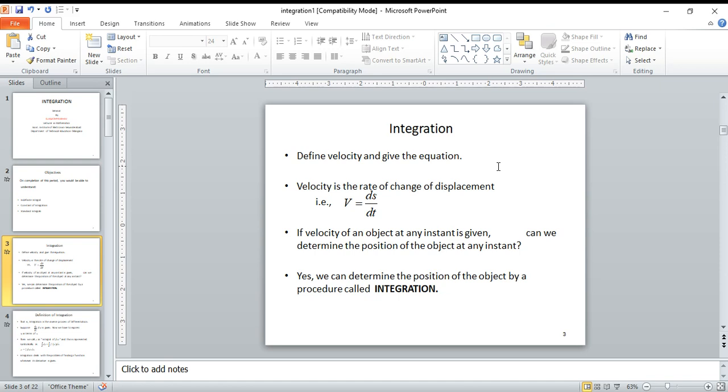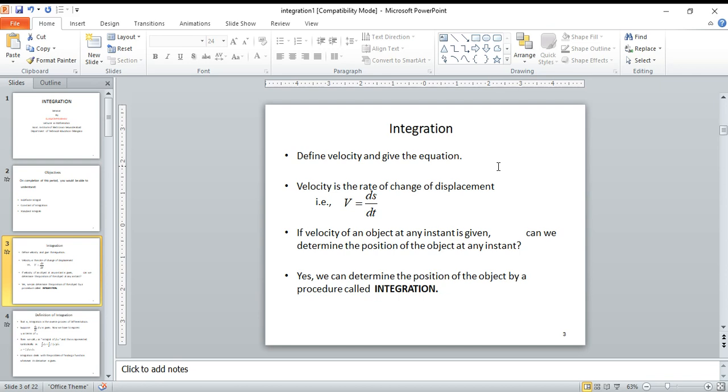Once again, if the velocity of an object at any instant is given, can we determine the position of the object at any instant? Yes, we can determine the position of the object by a procedure called integration.